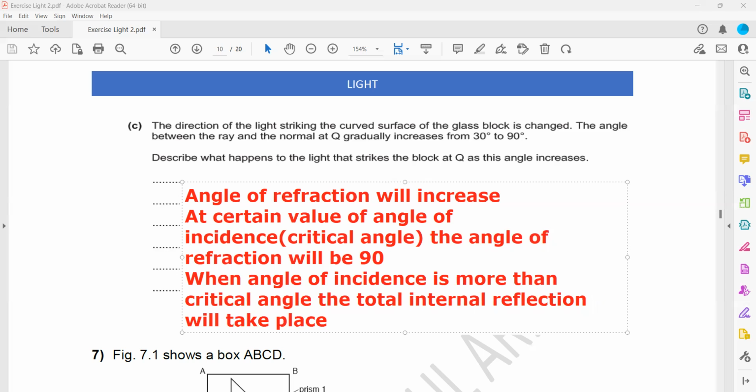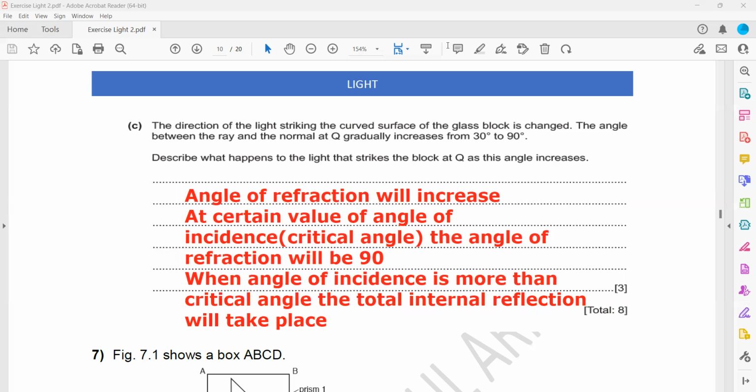Means all of the light will reflect back in the same medium. Is this answer clear? Yes, sir, clear.